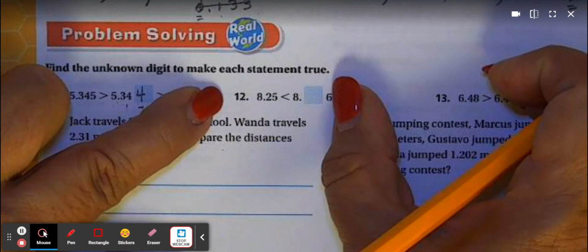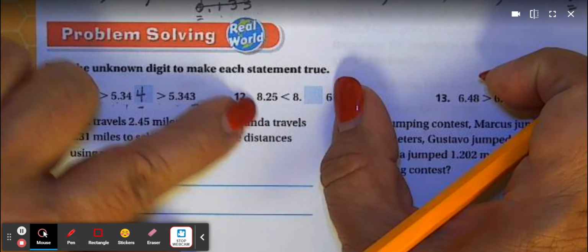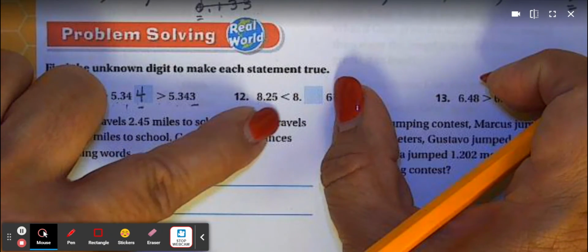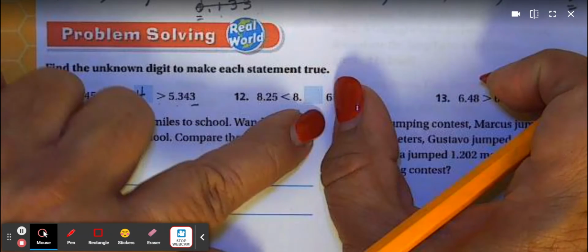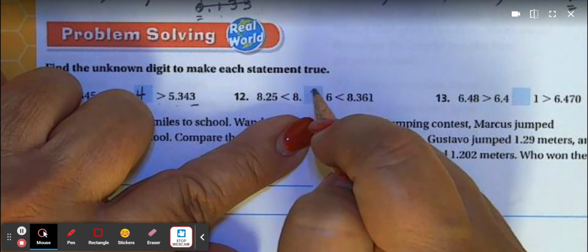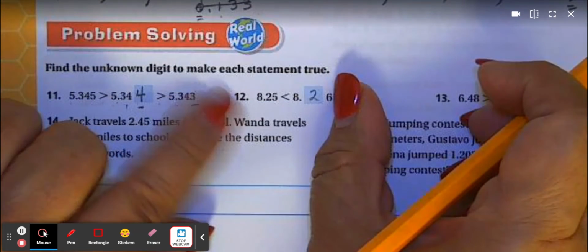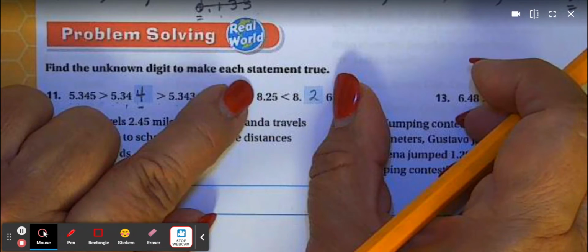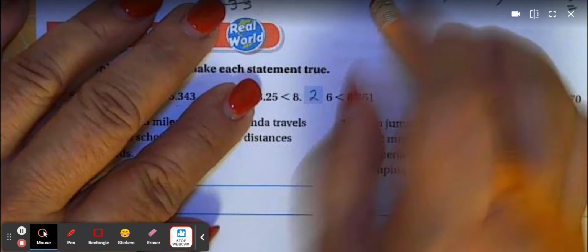Let's look at number 12. This is what I'm working with. So 8 and 25 hundredths is less than 8 and what? If you put the 2 here, that's 26. Is that a true statement? No, it's not.